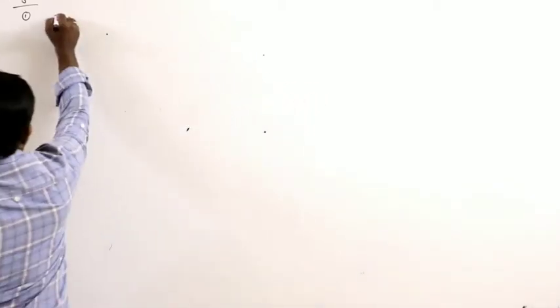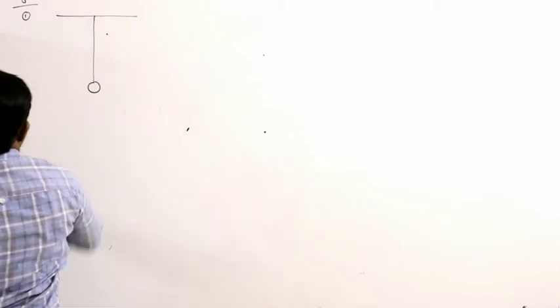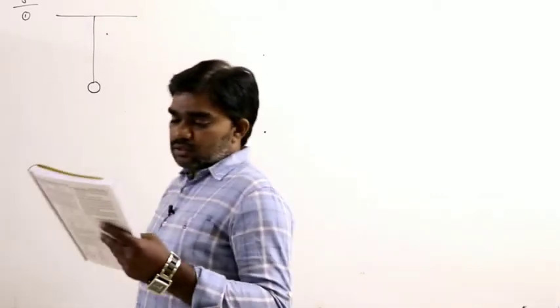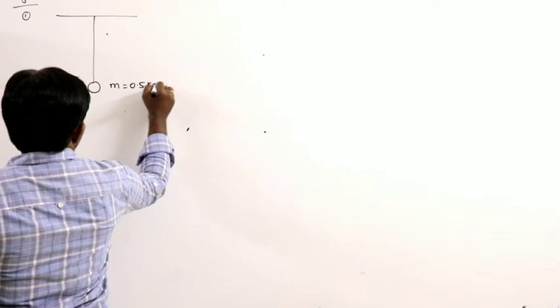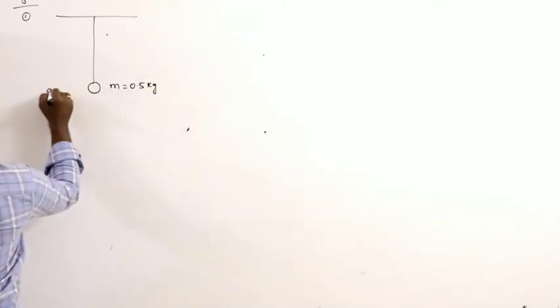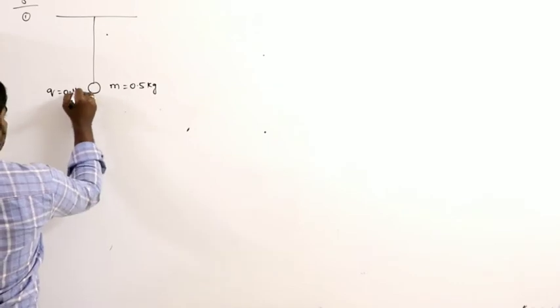So given that, one ball is suspended from a rigid support with the help of a string, whose mass is 0.5 kg. Initially the charge is 0.1 microcoulomb. So this is the first condition.